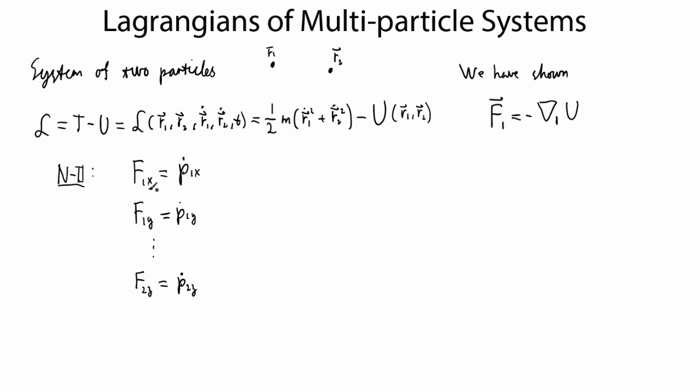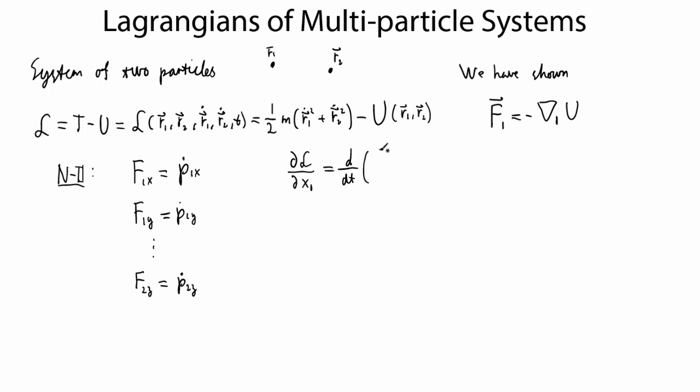All right. Now F1x, looking at this, it's going to be minus the derivative of U with respect to the x position of the first particle. So that's minus dU/dx1, and that's going to be equal to the time derivative of the momentum here.